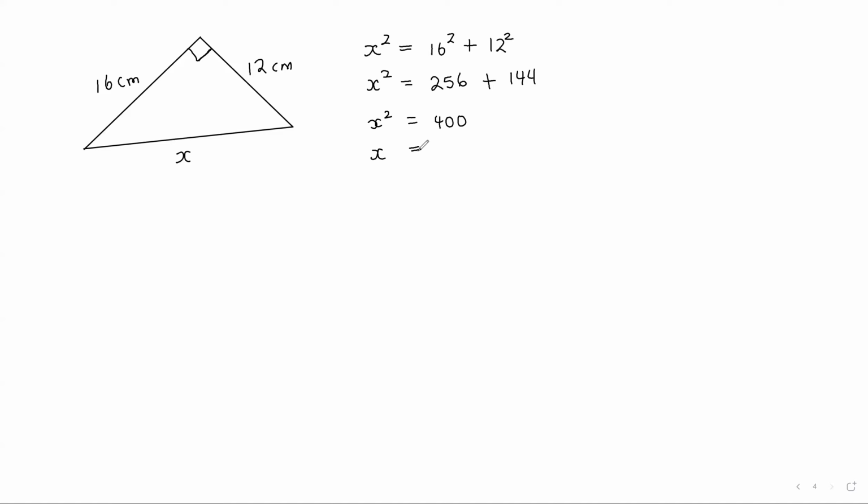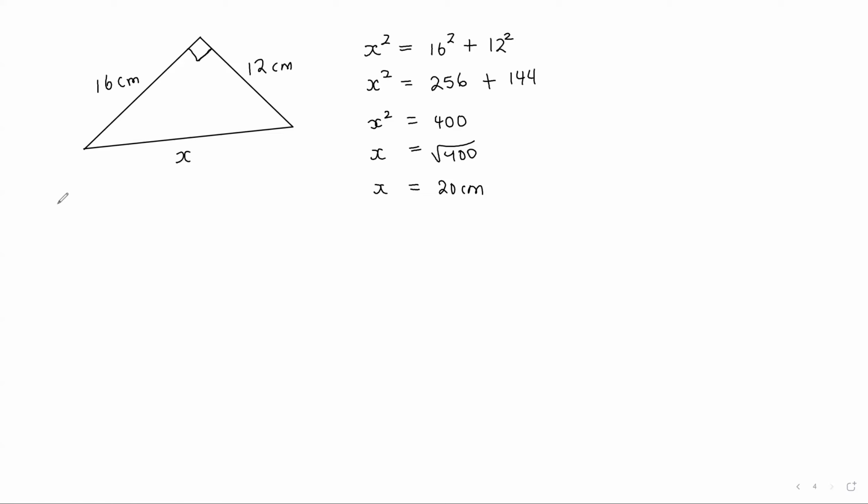I think it's the square root of 400, so x equals 20. That's correct. If x squared is equal to 400, then the square root of 400 will be x, because remember, to square something means you multiply it by itself. So 20 times 20 is equal to 400, which means x is 20.